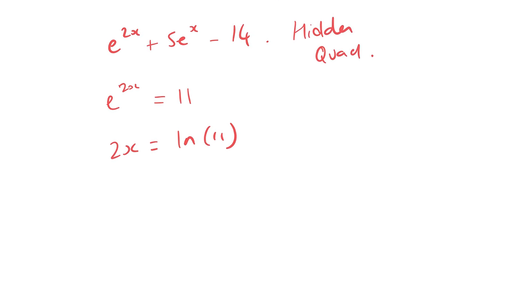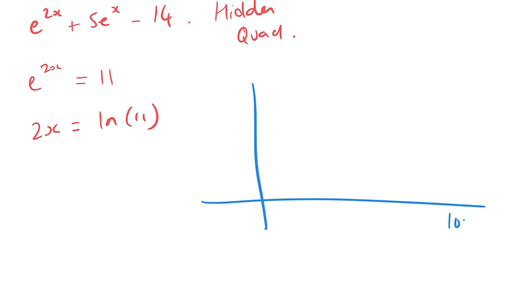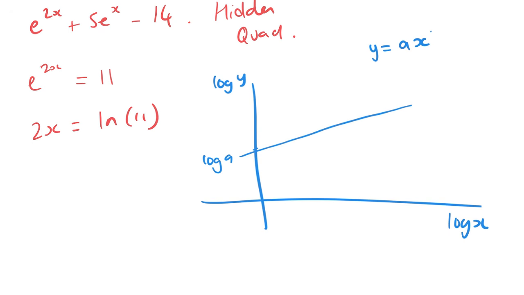The other thing is sometimes, and this doesn't come up every year, by the way, this is our log of x graph, and then we have our log of y graph, and then log of a, okay, and here it crosses, right? If this is in the form y equals ax to the n, what we've done here is we've logged everything.